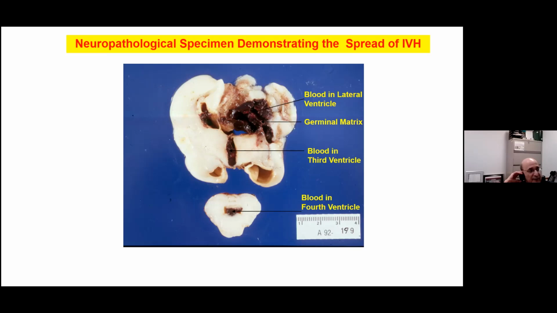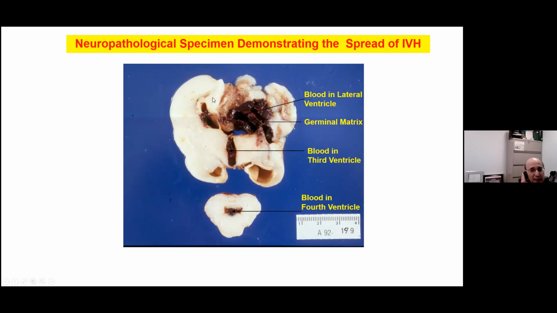And if it was blood filling the ventricle and with distension, that was called a grade 3. So the blood then starts off in the lateral ventricle and then migrates down through the 3rd ventricle to the 4th ventricle.